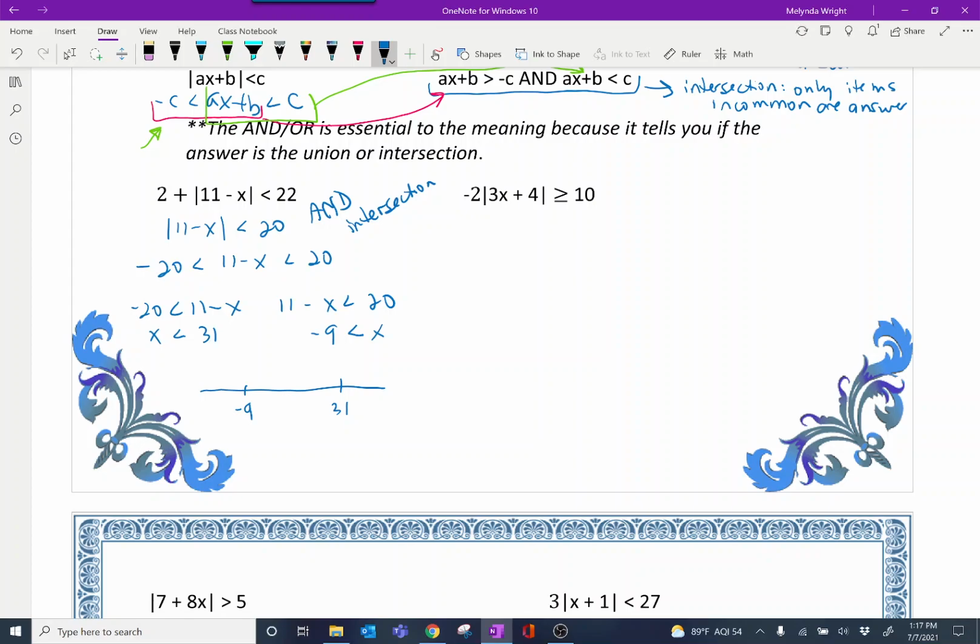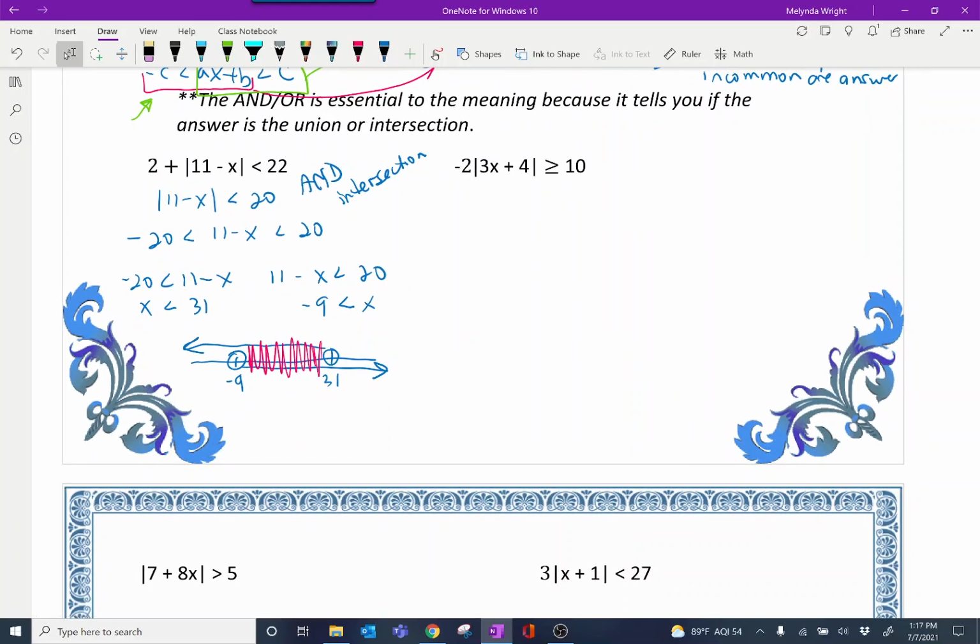So x needs to be less than 31. That's open, it goes this way. And x needs to be greater than negative 9, which goes this way. And we can see that the only things that are the same in these two solutions are the items in the middle.